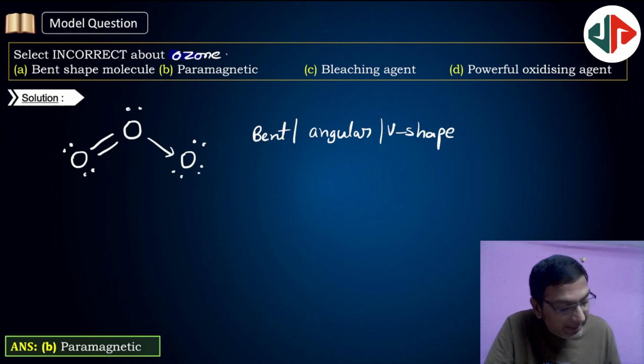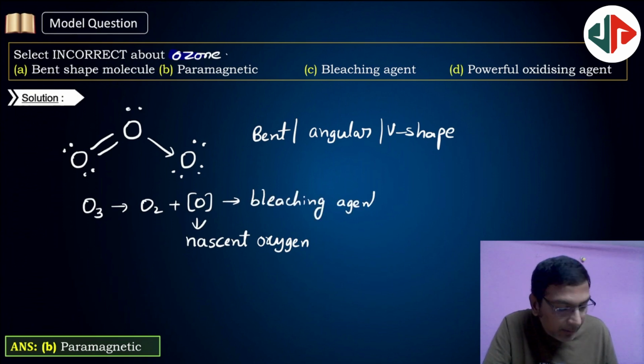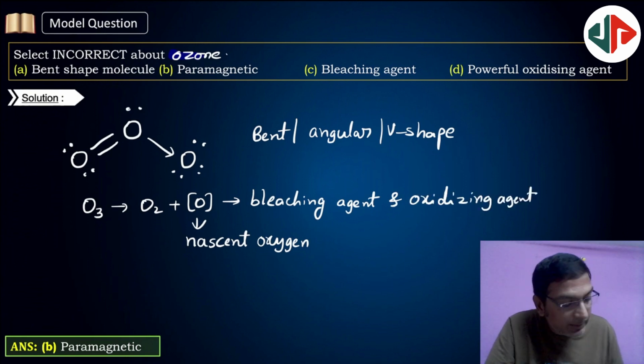Next, bleaching agent. So O3 dissociates to O2 plus O. So due to nascent oxygen, it is a bleaching agent. Next, powerful oxidizing agent, bleaching agent and oxidizing agent. So all these are correct.